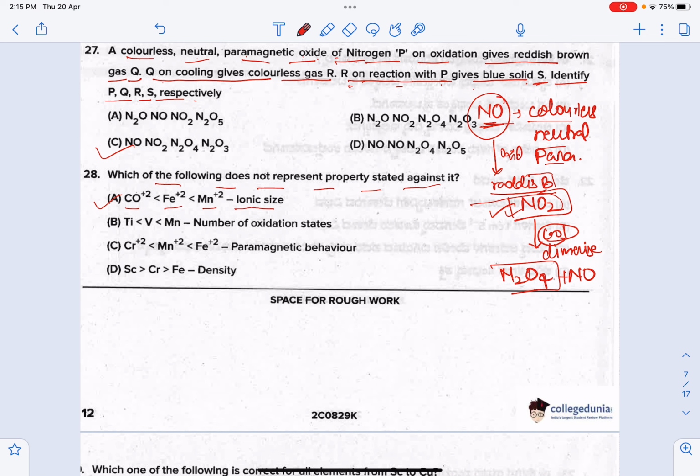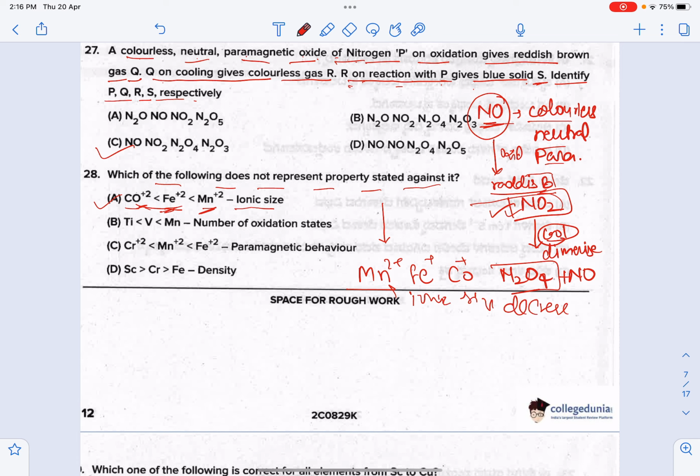now as you know, here this is cobalt, this is iron, and this is manganese. Okay, in the periodic table there is manganese, then after it iron, and then cobalt. As we move along the period from left to right, ionic size decreases.